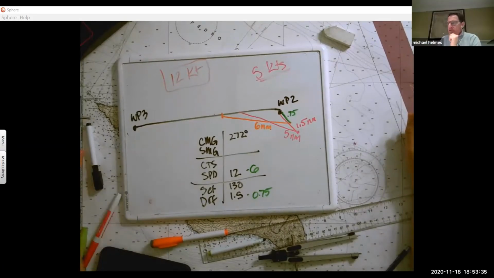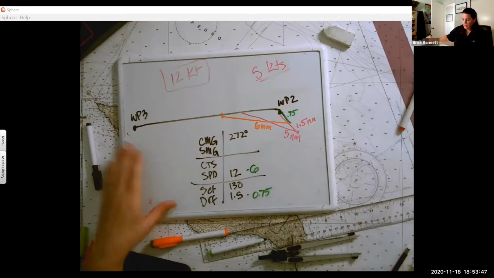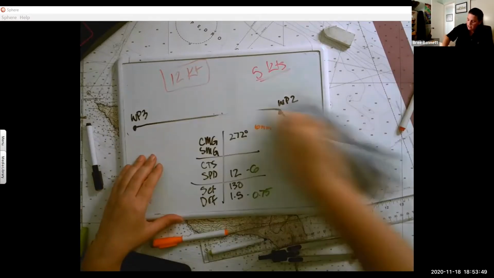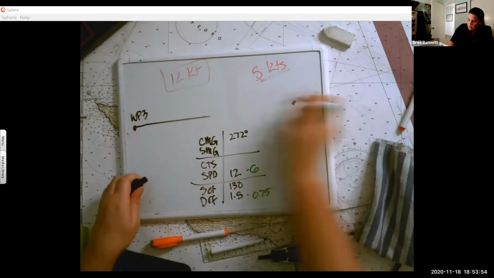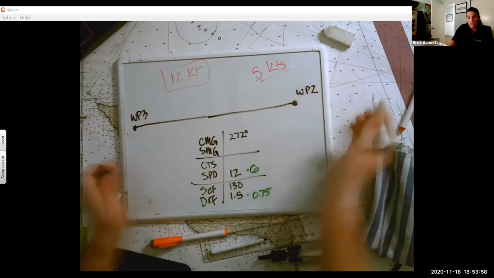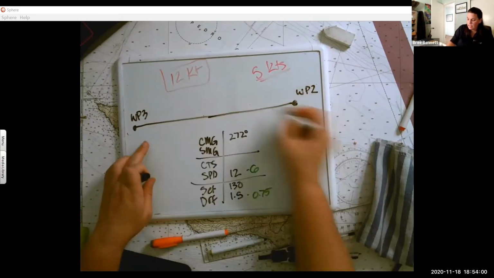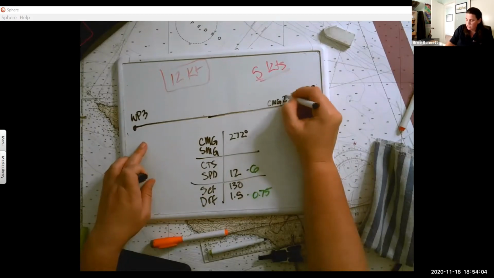But Bree, one question though is if you do use the radar plotting sheets, in principle, there's really no need then that you have to go back and apply that to the actual chart. No, so you could use the radar plotting sheet and you just come up with the information. So when you write waypoint 2 on the chart, you could put on this whole leg, course made good is 272.